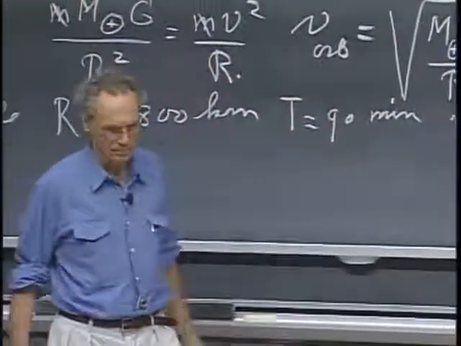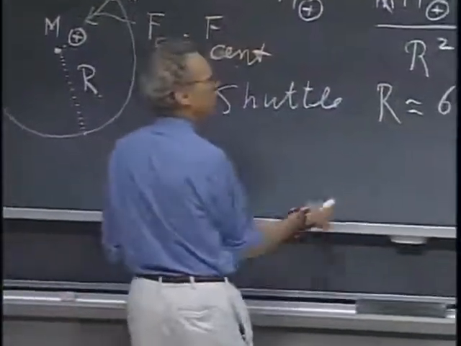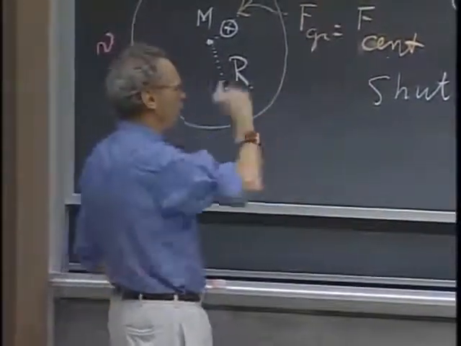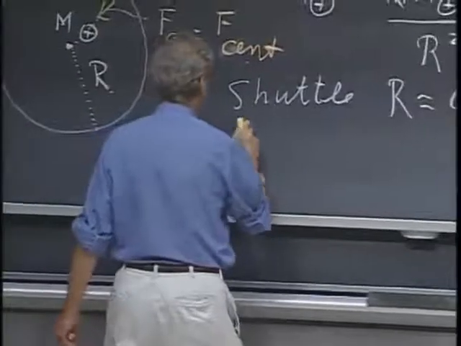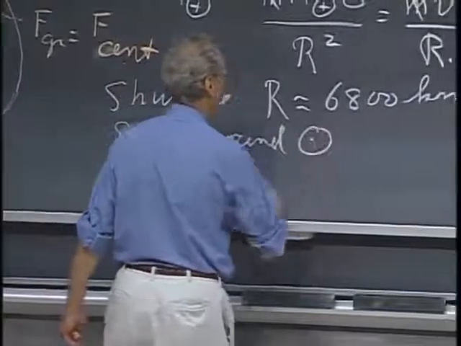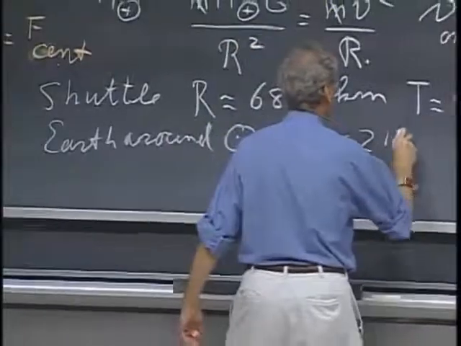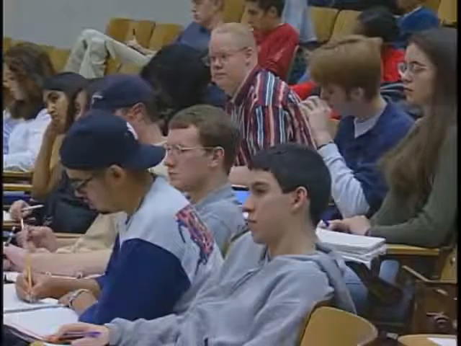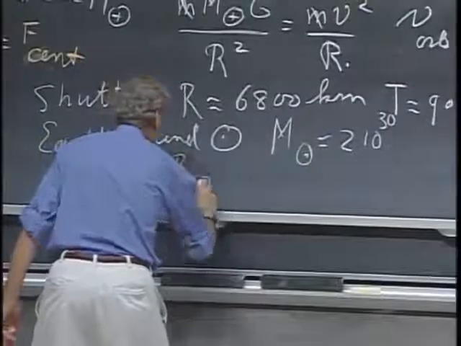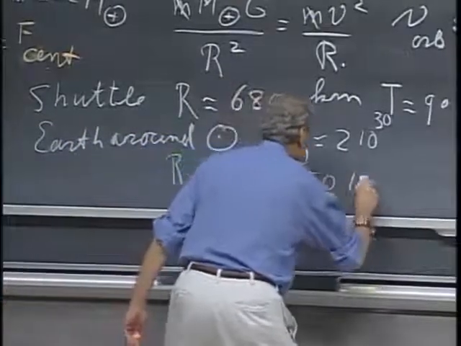If you take the Earth itself around the sun, we can use all these equations, replacing the mass of the Earth by the mass of the sun, and then we can do this for planets. So if we take the Earth around the sun, we have to put in the mass of the sun, which is about 2 times 10 to the 30 kilograms. And the distance from the sun to the Earth, we have seen that before, is about 150 million kilometers.